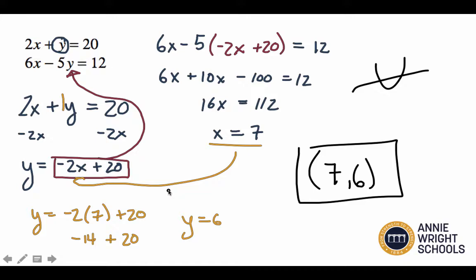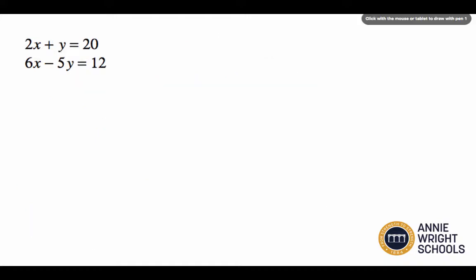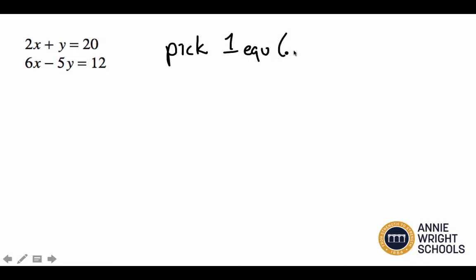So that's substitution. Again, to review substitution, the way it works, you pick one equation, and solve for one variable in that equation. Whatever variable you solve for, you plug that in to the other equation.